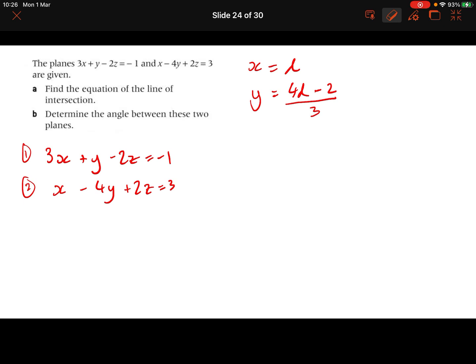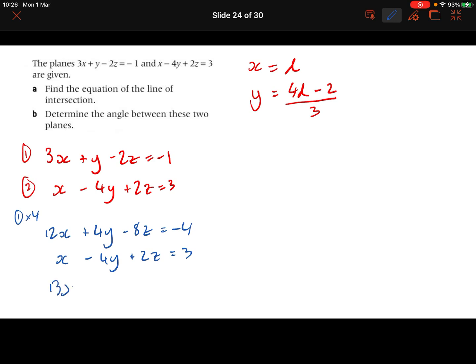So I'm going to multiply equation 1 by 4, then I will get 12x plus 4y minus 8z equals negative 4. And equation 2 won't change. I'll get x minus 4y plus 2z equals 3. I can now add again, because that will eliminate y.